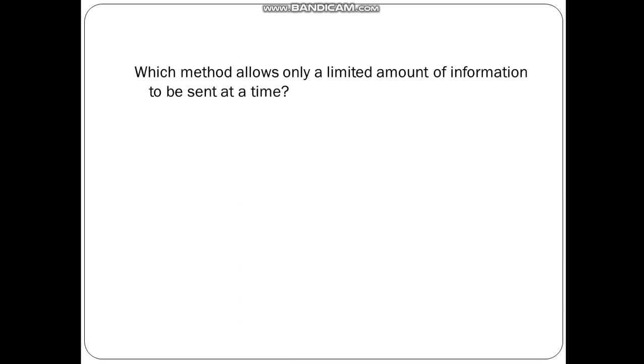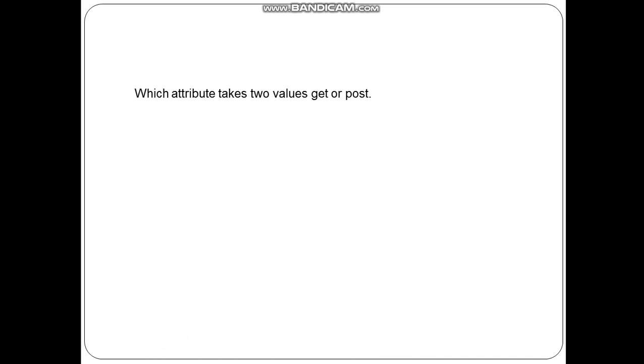Dash attribute determines the way of sending information to the server. Determines the way of sending means method attribute. Which method allows only a limited amount of information to be sent at a time? So that is the get method. Which attribute takes two values, get or post? This question has come again. The answer is method attribute.